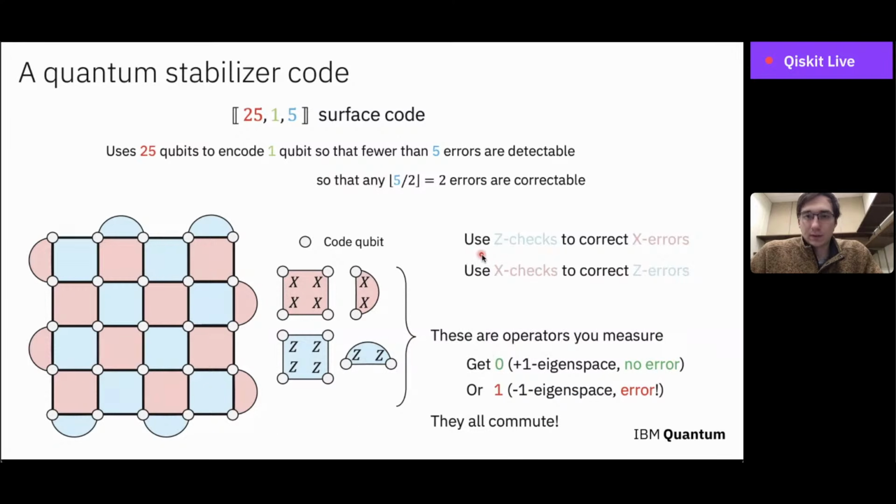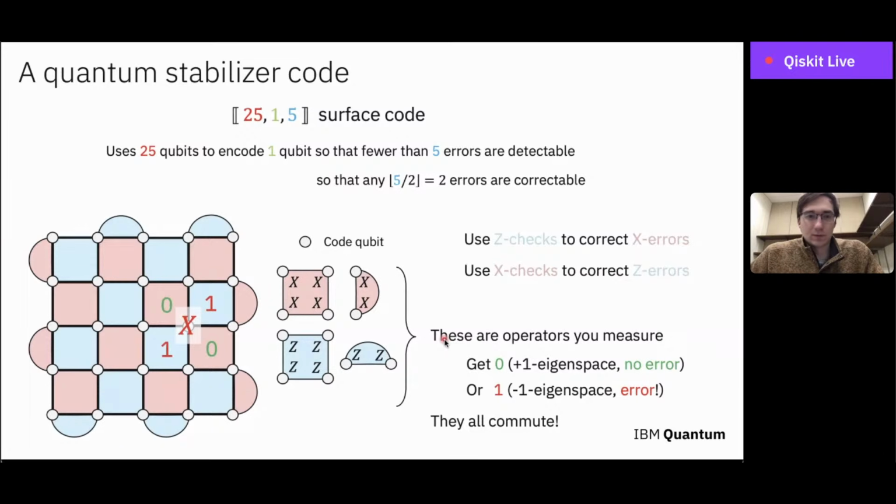And then the last thing I want to point out is that you use the z checks to correct the x errors and the x checks to correct the z errors. I could have also written detect x errors and detect z errors. And essentially the reason why that works is because of this anti-commutation property from the previous slide.